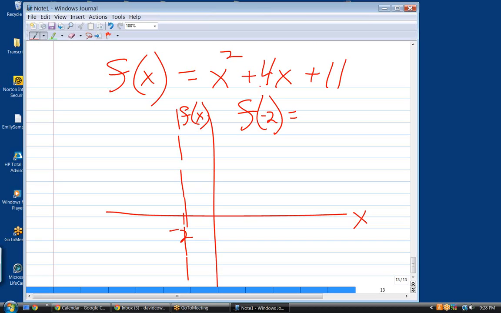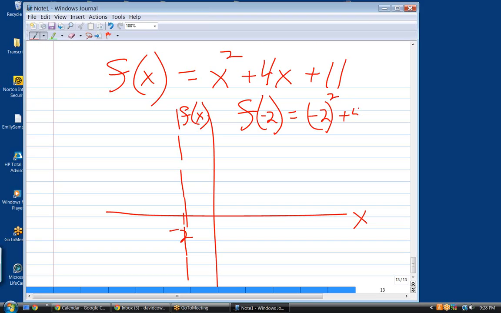So how do I get it? What does f of negative 2 mean? It means substitute negative 2 for x whenever you see x.